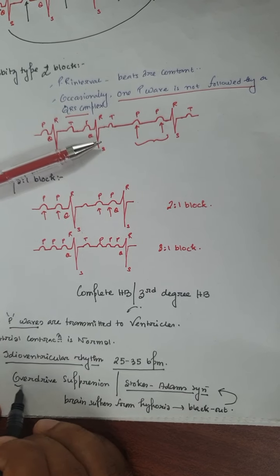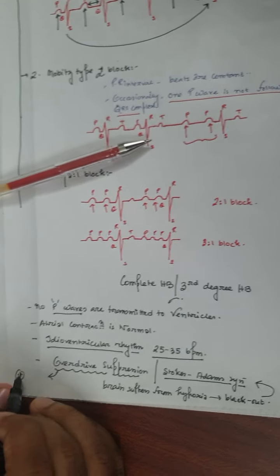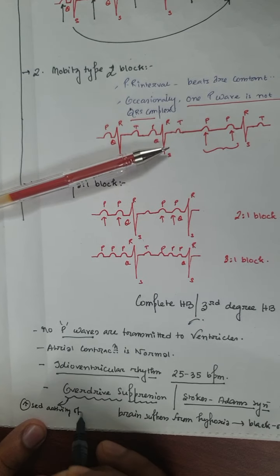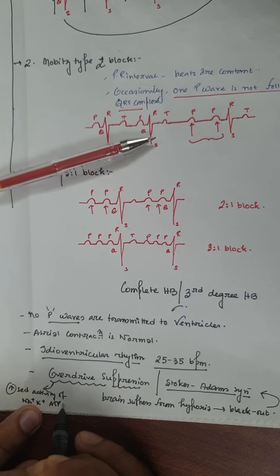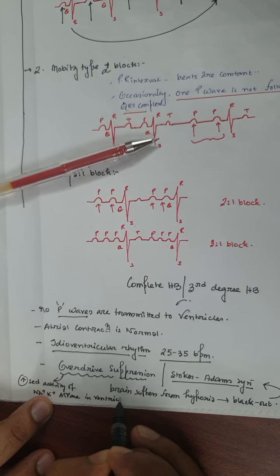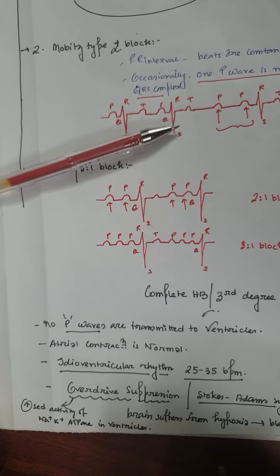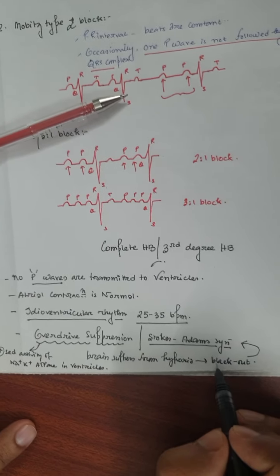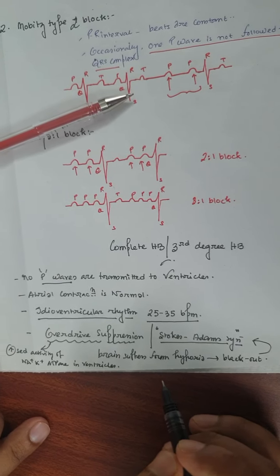This overdrive suppression is due to the increased activity of the sodium potassium ATPase pump in the ventricular muscle fibers or muscle cells. So this overdrive suppression causes brain hypoxia, blackout, and it is called the Stokes-Adams syndrome.